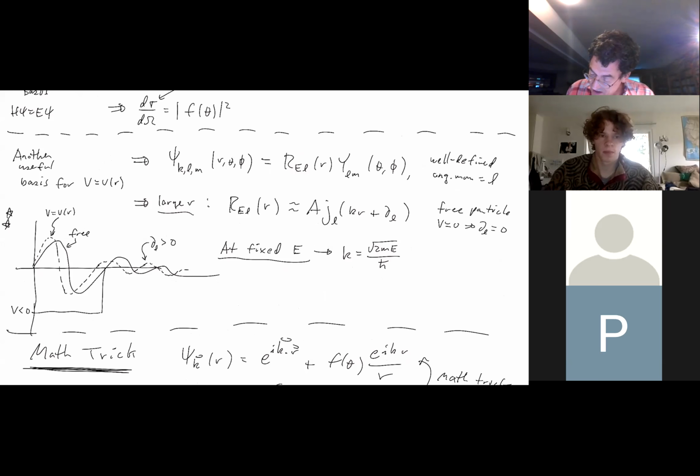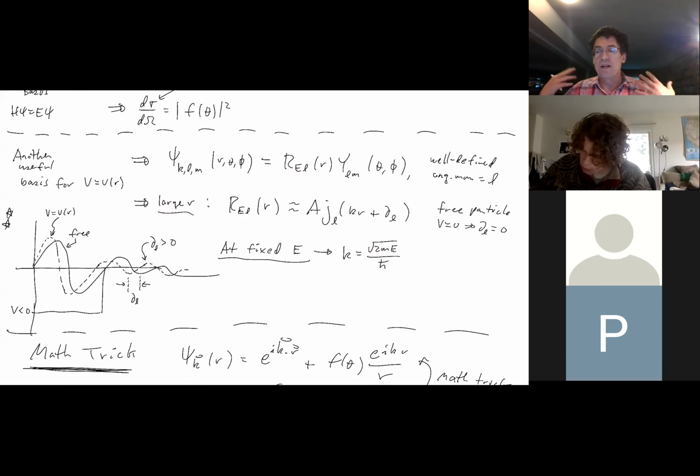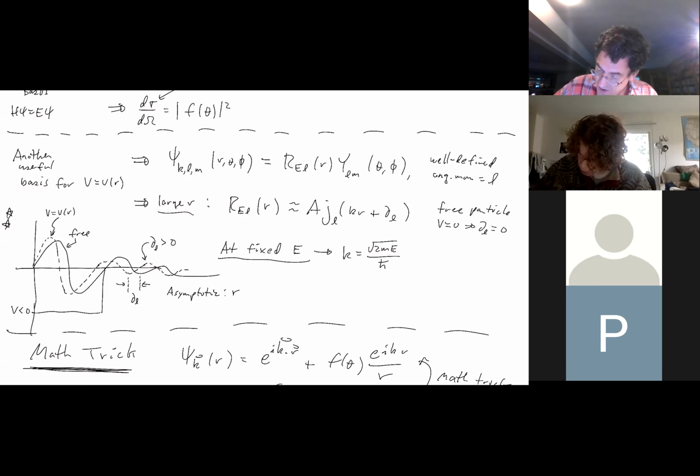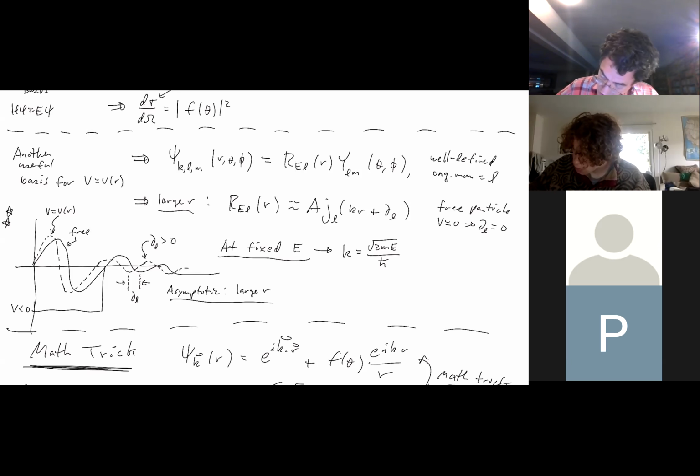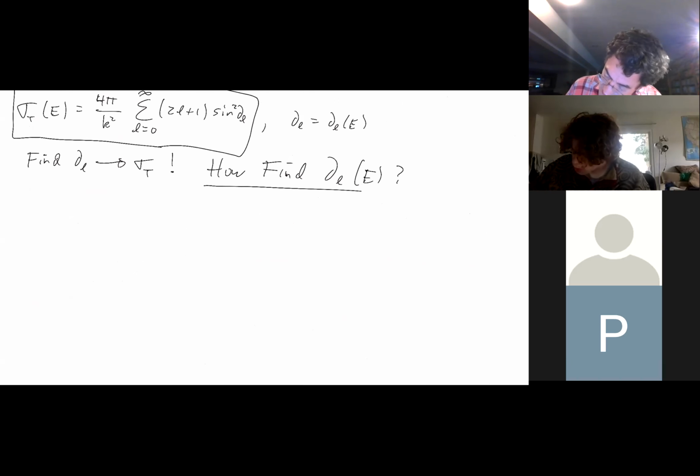You can see that the phase shift is simply the difference between the free particle solution and the solution when you have the potential. This is in the asymptotic limit. Asymptotic means large R.